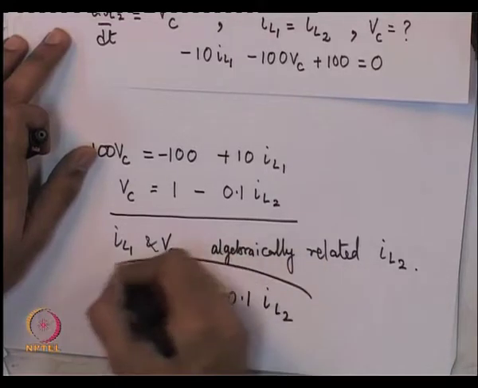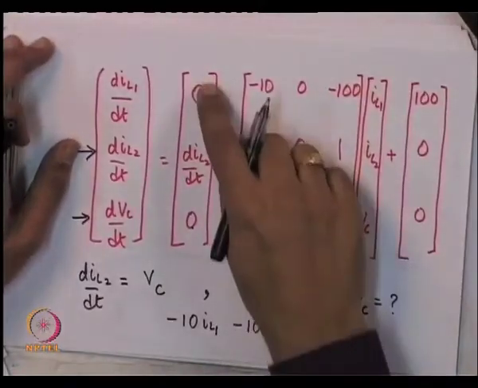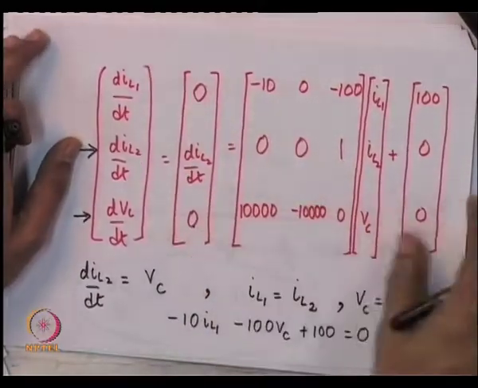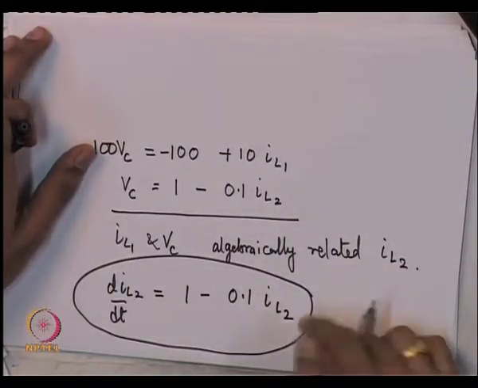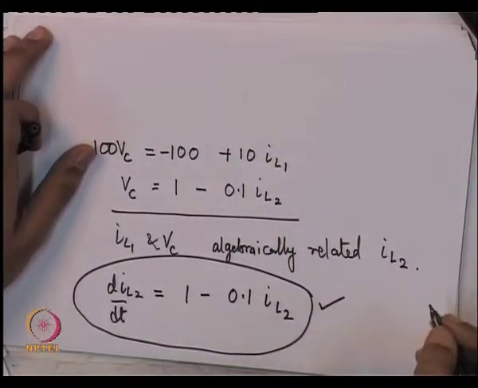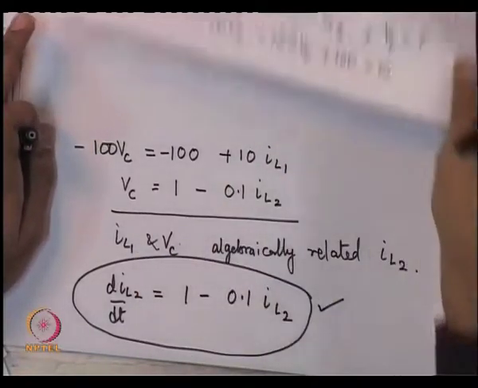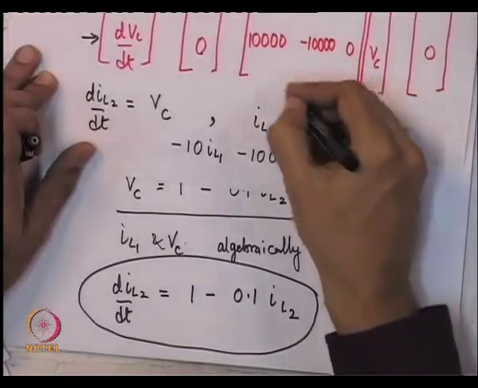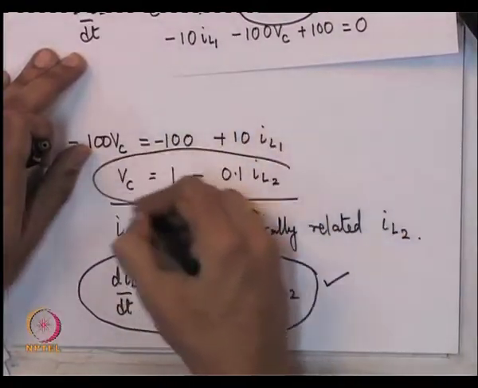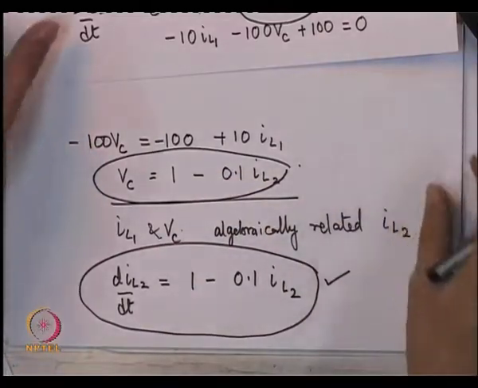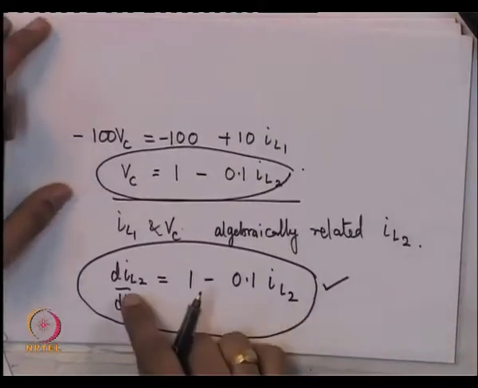So, this is my one and only differential equation if I make this approximation. So, if I make this approximation, you have reduced your system size to this, okay? And if you want to get Vc and IL1, you have to use this algebraic equation and this algebraic equation.